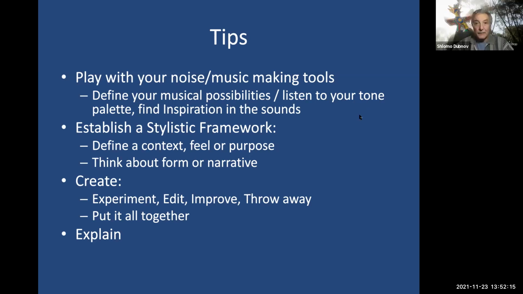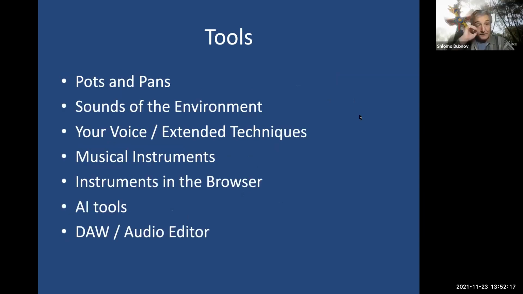So what are the noise making tools? Basically, it could be anything. I put pots and pans because actually one of the nicknames of the Music 5 course historically was making music by banging on pots and pans. But the idea is that you can use anything to create your sounds.